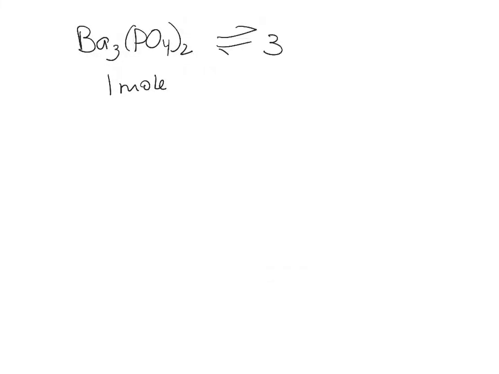Another example is you're trying to determine the concentrations. If we were to look at barium phosphate, in order to determine the concentrations of this, for every 1 mole of barium phosphate, you're going to get 3 moles of barium ions and 2 moles of phosphate ions.